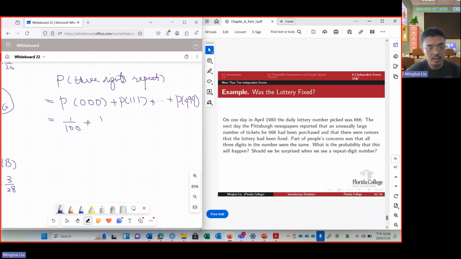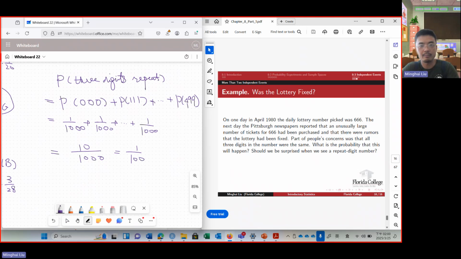The second one is the same, and so on all the way up to the last one. So at the end of the day, the chance is 1 out of 1,000, 1 out of 1,000, 1 out of 1,000, and you have 10 of those terms. So it's 10 over 1,000, which is about 1%, or 1 over 100.